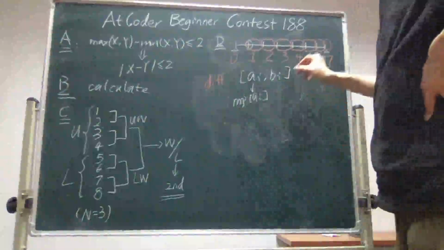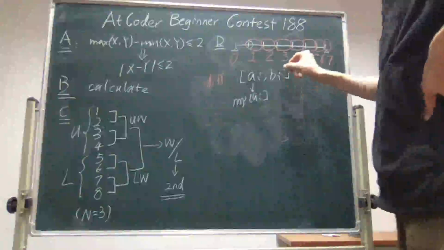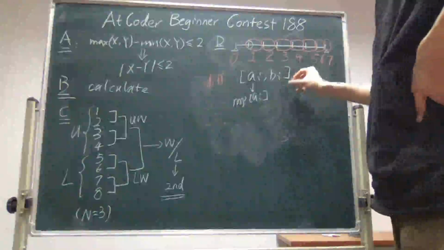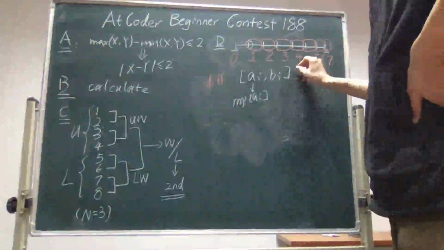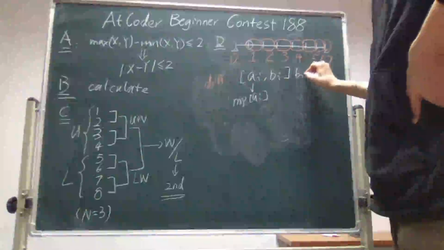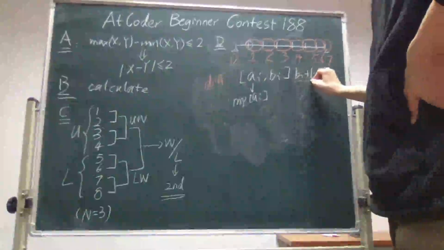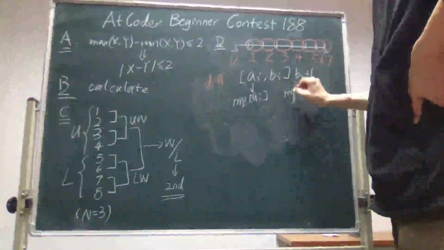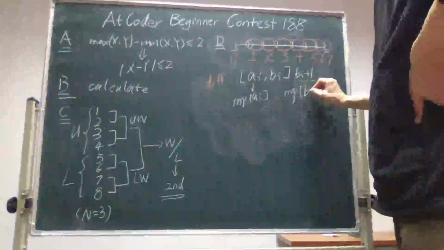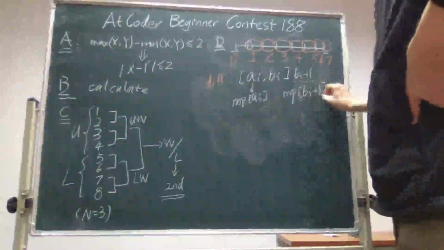And for the next part, since BI is included, we will find the next one, which is BI plus 1, and its corresponding segment is NP BI plus 1.